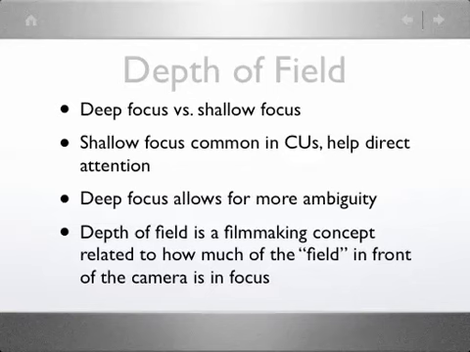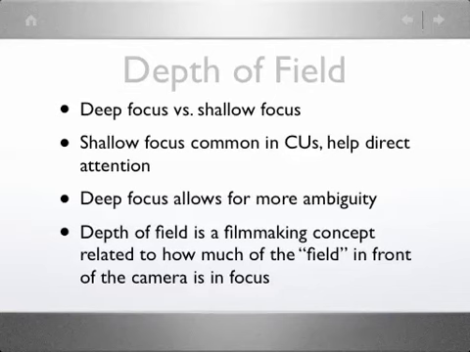Technically, there are a number of different things that filmmakers have to do with the lens, with the position of the camera, and with the position of the objects in front of the camera, to ensure that exactly what they want in focus is in focus, and exactly what they don't want in focus is not in focus.